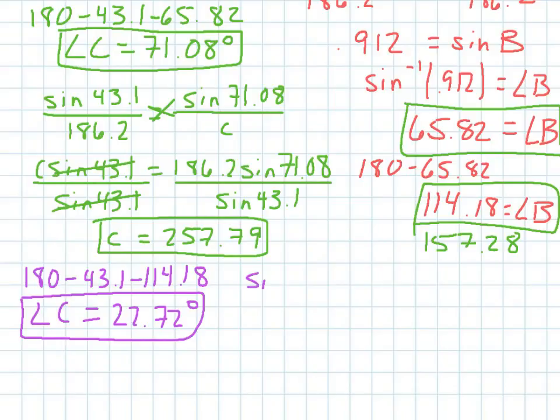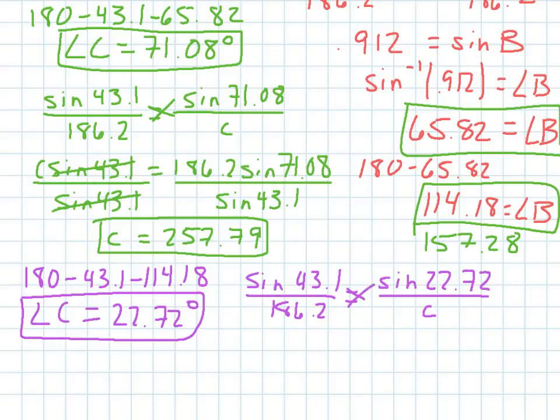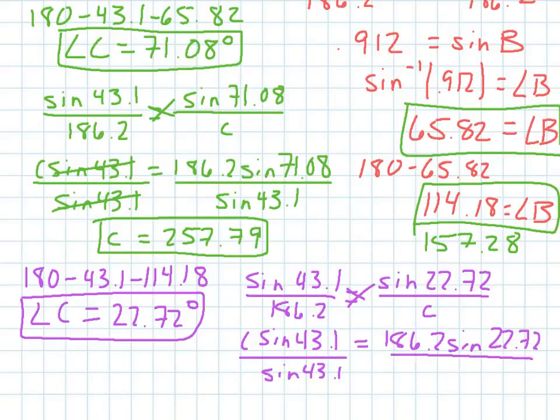So sine of 43.1 over 186.2 equals sine of 22.72 over C. Cross multiply, gives you C sine of 43.1 equals 186.2 sine of 22.72, divide by sine of 43.1, and then C should equal 105.25.